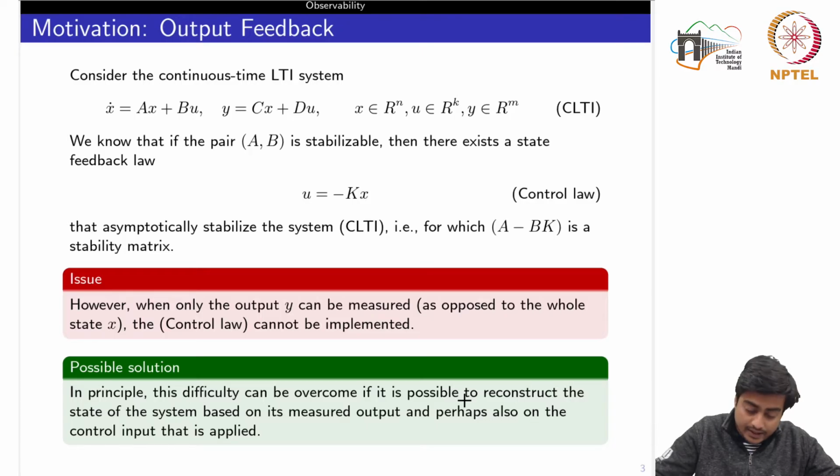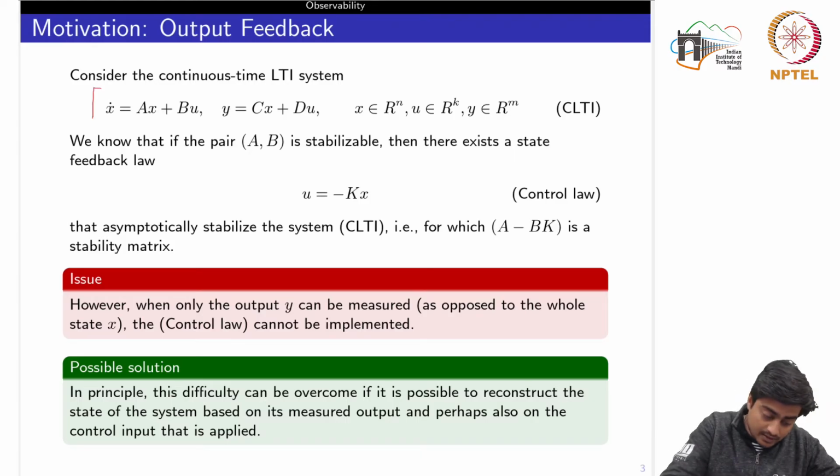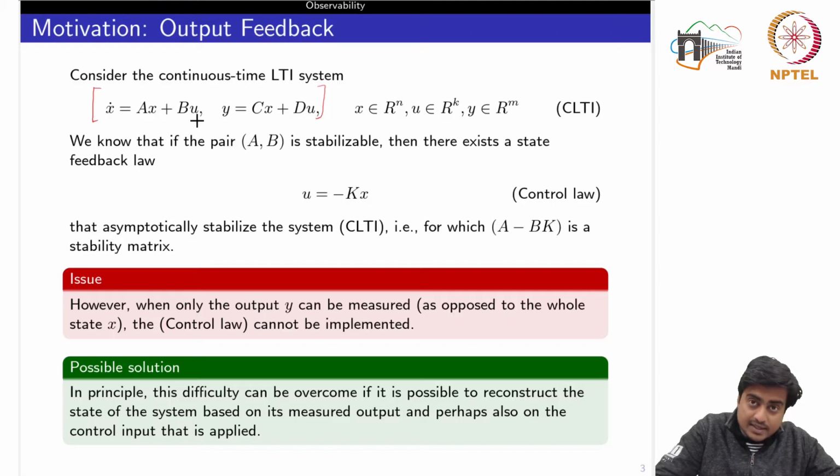The idea here is that the only measured signals in this system are the external signals, which we have defined earlier as the input to the plant and the output of the plant. x is an internal signal, right? So if it is possible to reconstruct the signal x based on the available measurements u and y, then it would still be possible to use this control law.